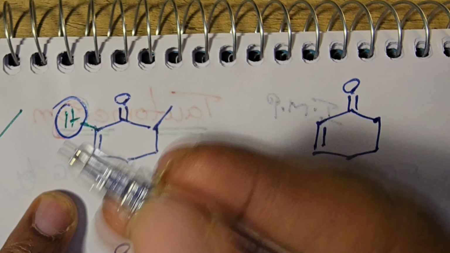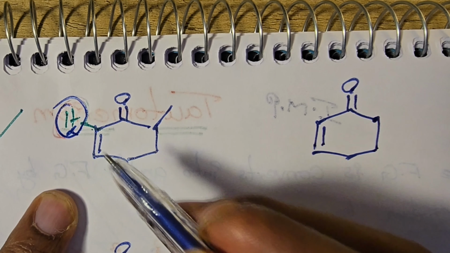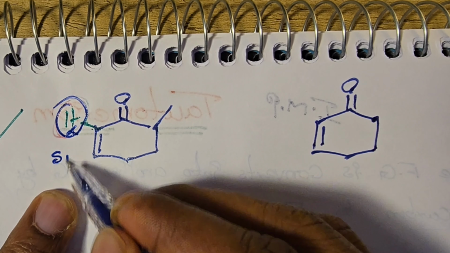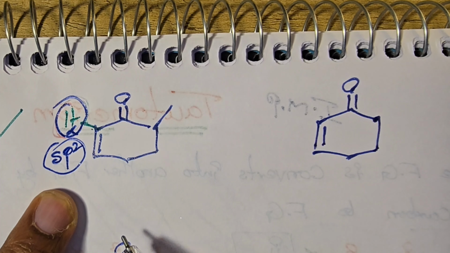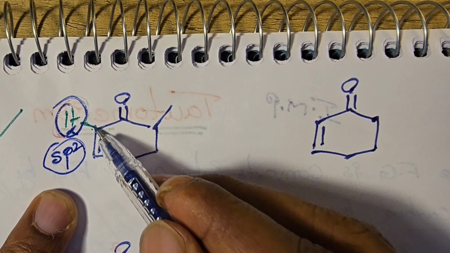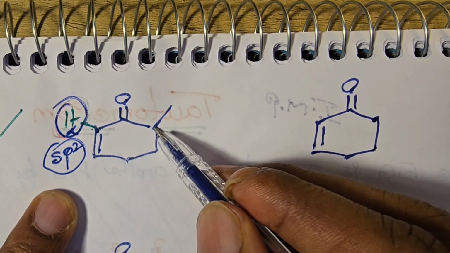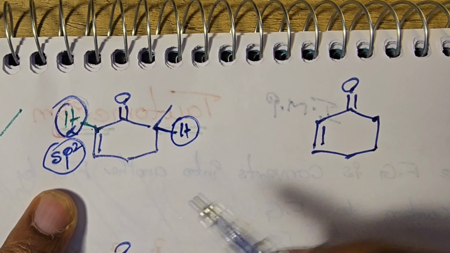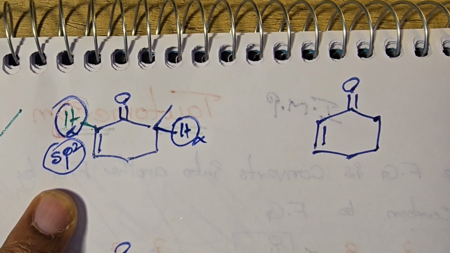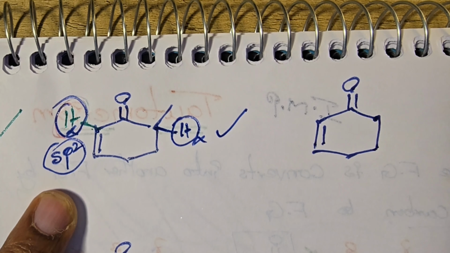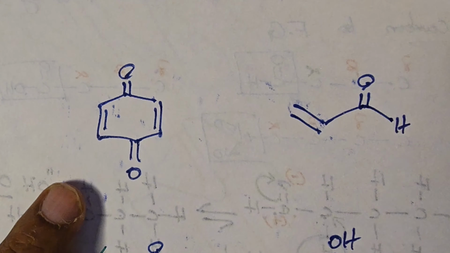Alpha hydrogen is available, but doesn't show the tautomerism, because of the sp2 hybridized carbon. In this, here only, not all the cases. Next here, hydrogen is available. That is alpha hydrogen. This also shows the tautomerism. This molecule also shows tautomerism.